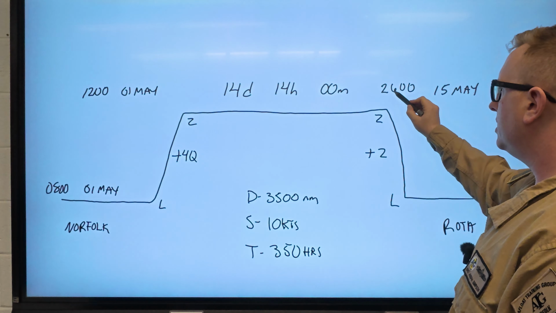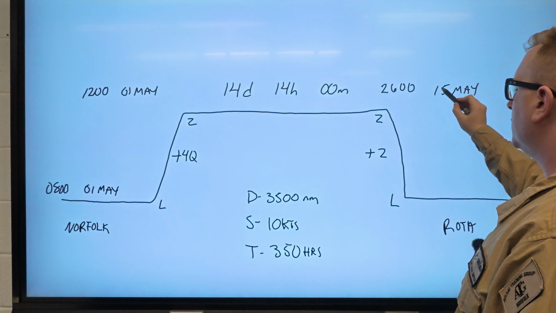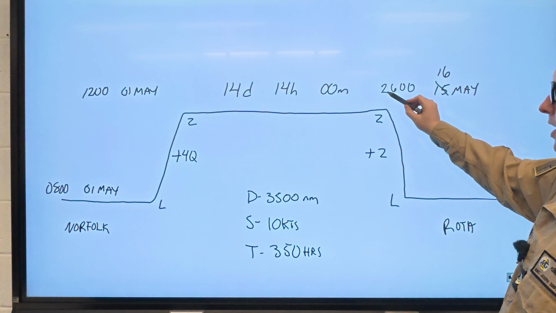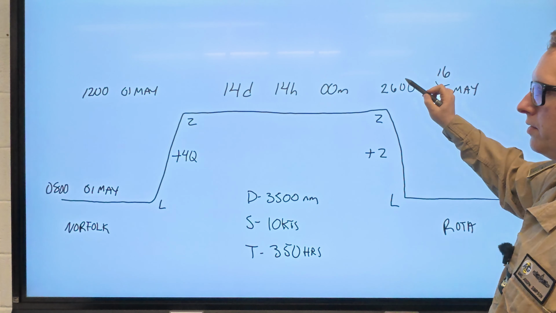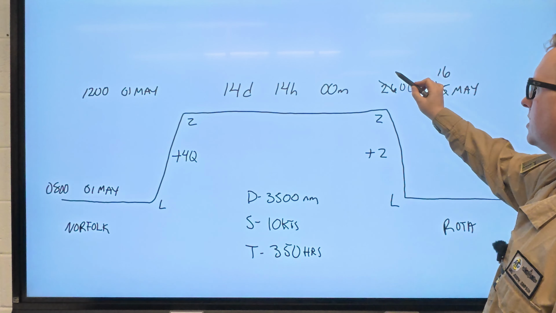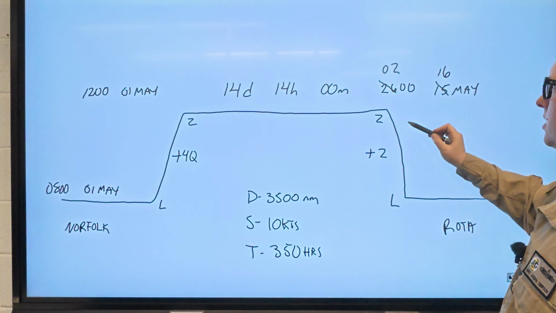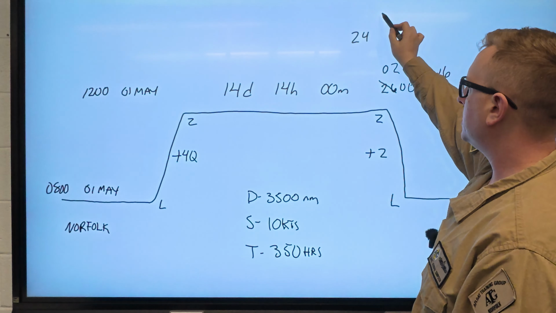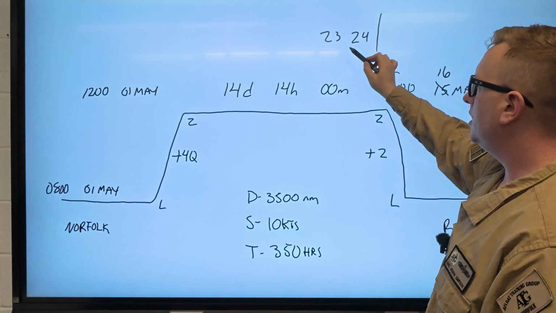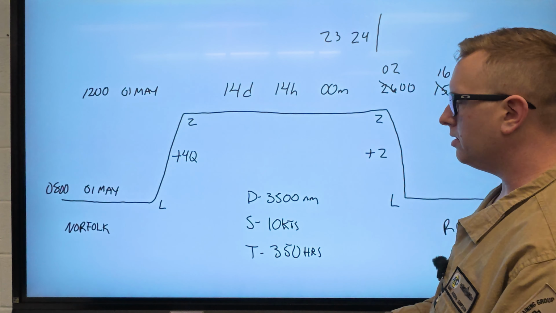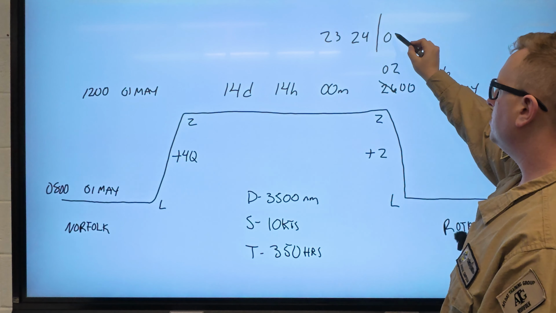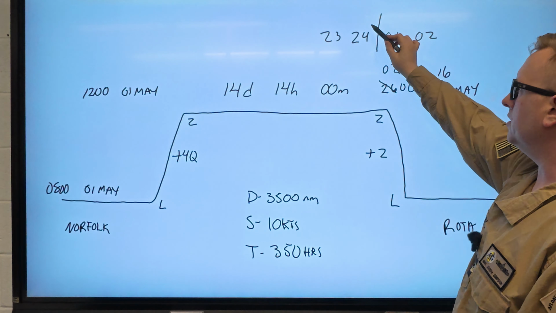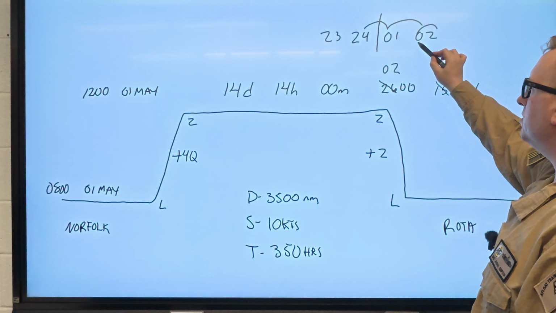So first, since we were in the next day, turning this into 16 May, we can then take the 2 hours past 2400, making this 02. So basically all we did was, say you keep going past that day, 2300, 2400, which we say 0000, then it goes to 01, 02. If you go into the next day by 2 hours, you're going from boom to boom, 0200.